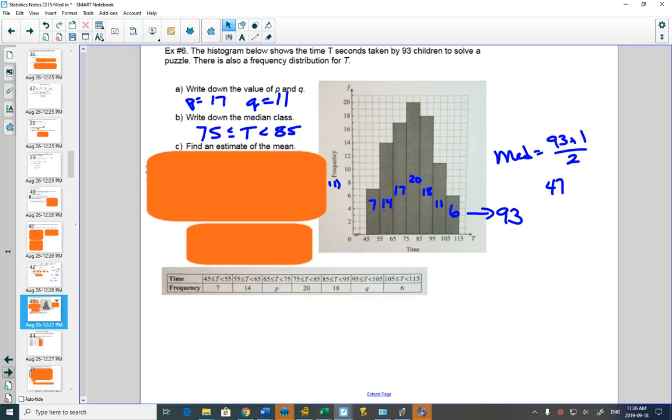Well, the 47th person happens in that middle one. It's not the median class because it's the biggest. It's not the median class just because there were 7 of them written and it happens to be in the middle. It's the median class because the 47th person happens to be in that section.